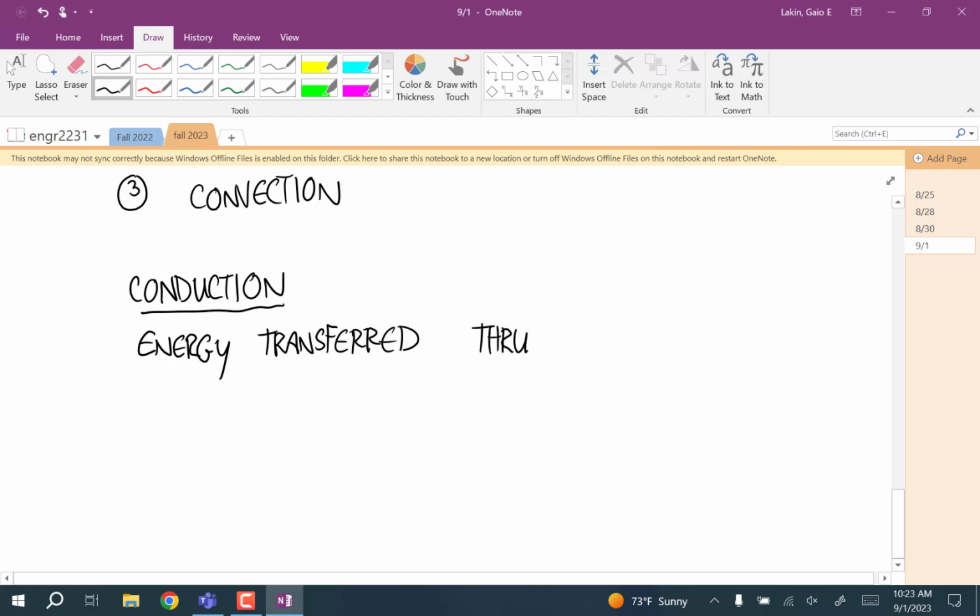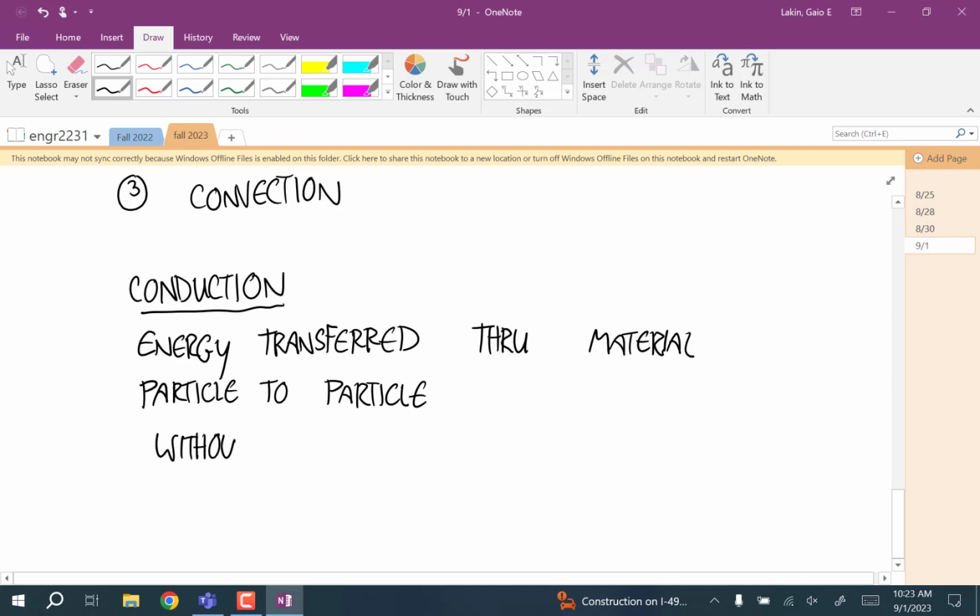So there has to be matter involved. Particle to particle, without the particles changing location.